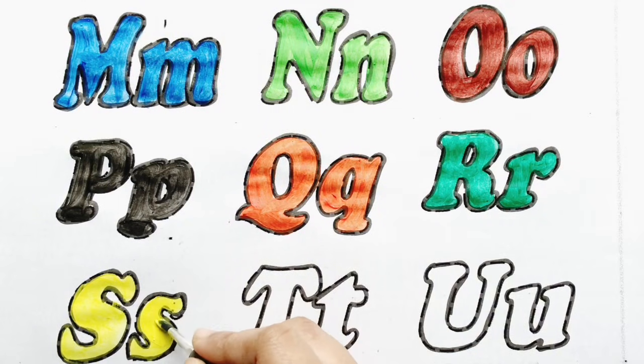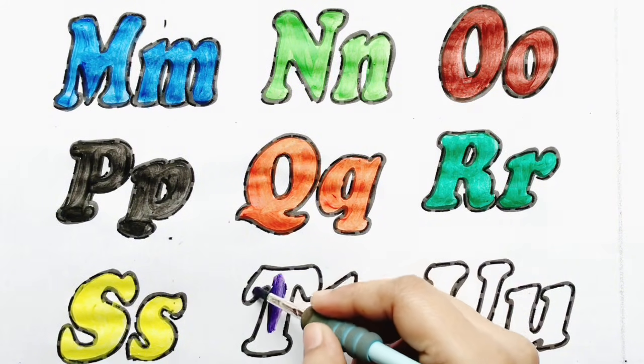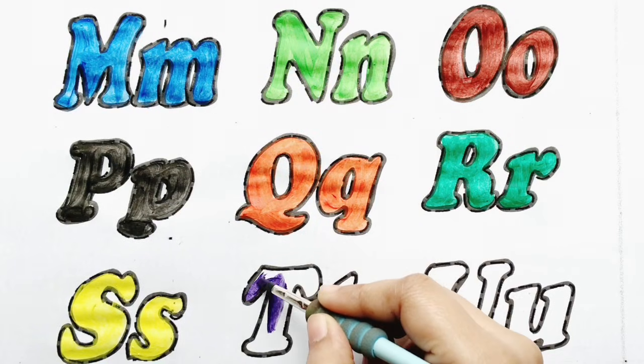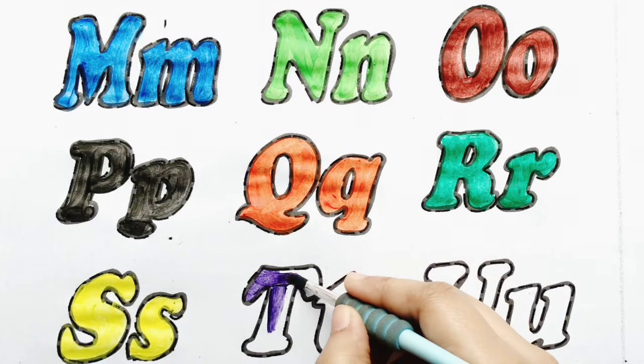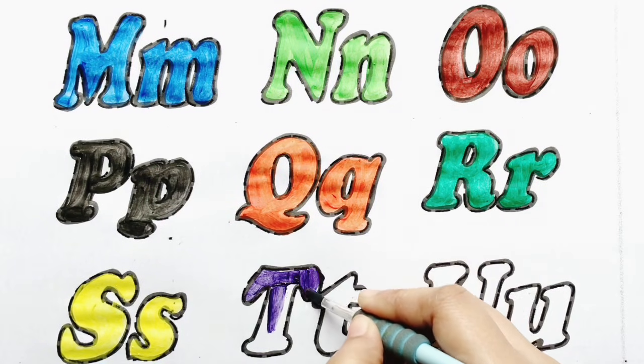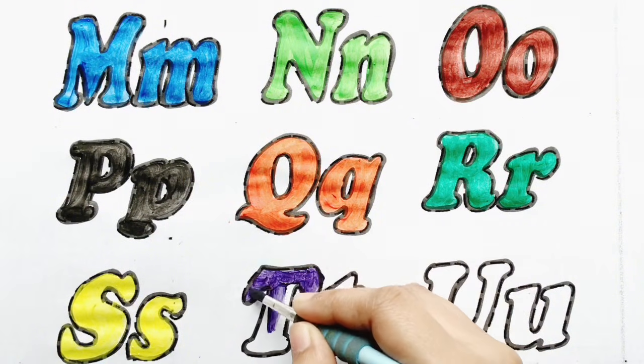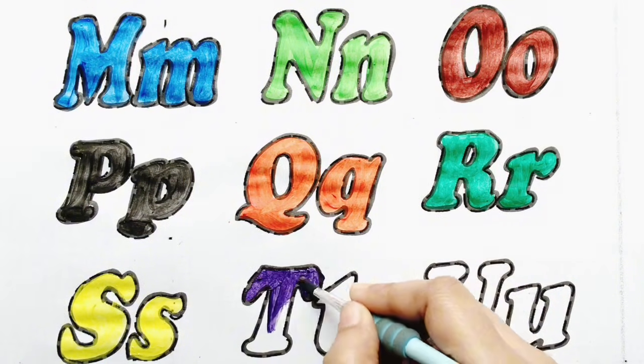Ant. Amazing. Art. Apple. Angel. Purple color. T. T for Tiger. April, autumn. Ambulance, airplane, arrow. Alligator, ant.